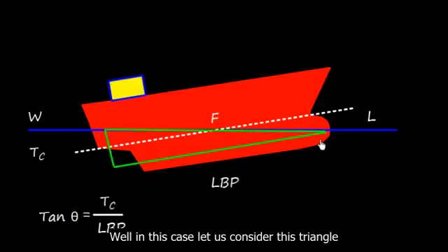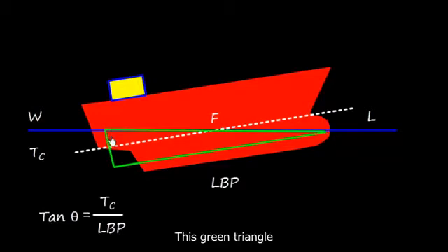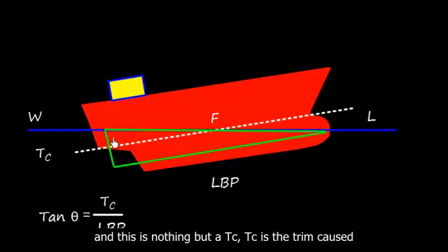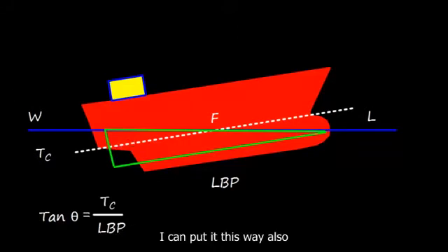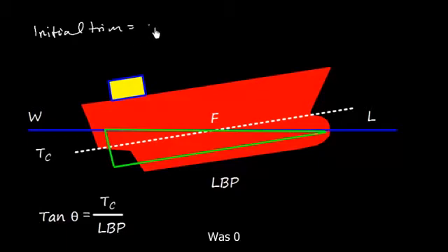Well, in this case, let us consider this green triangle. This is nothing but TC. TC is the trim cost. So I can put it this way also. Initial trim was 0. Ship was at even keel.